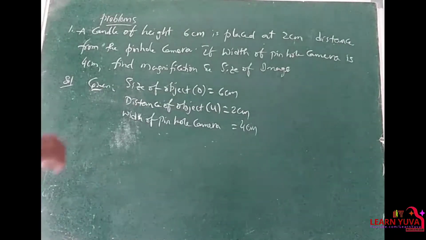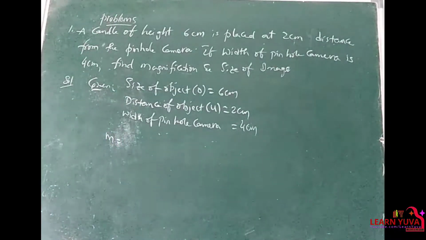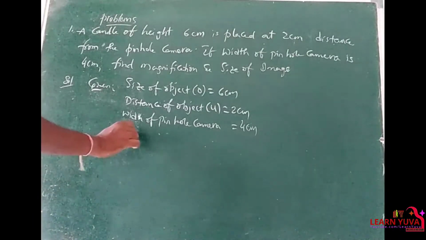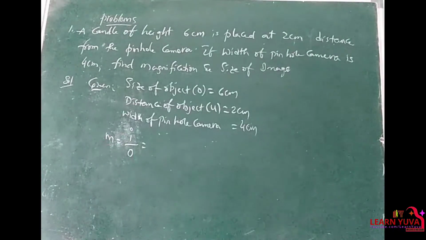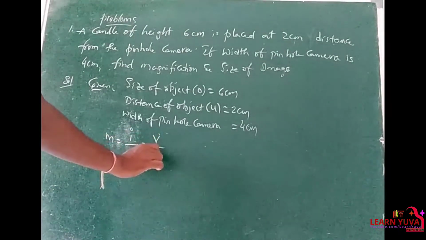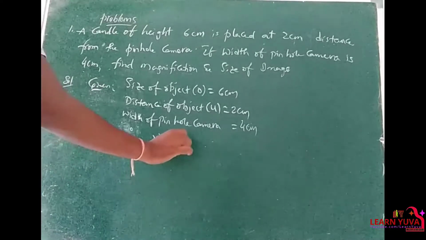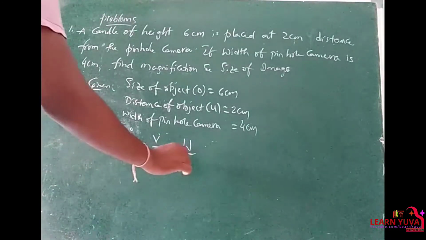So magnification formula M is equal to, we have three formulas: size of image by size of object, distance of image by distance of object, and width of pinhole camera by distance of object.